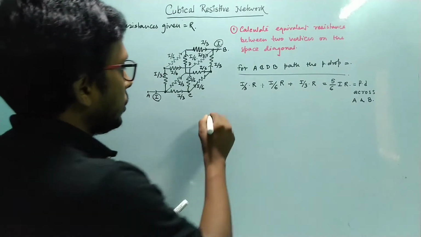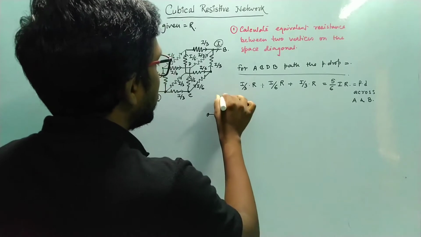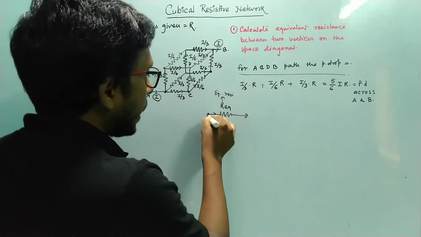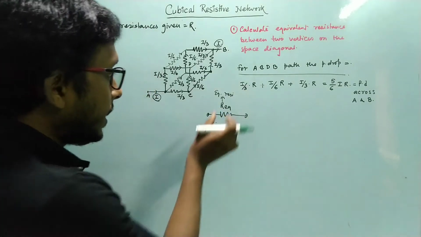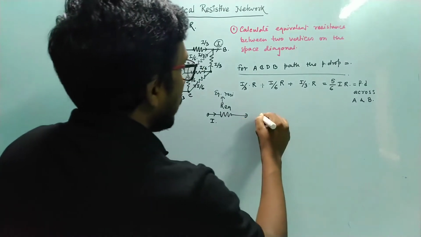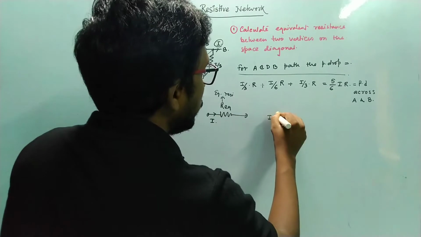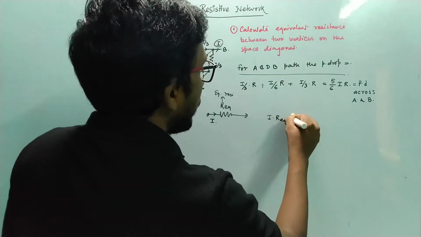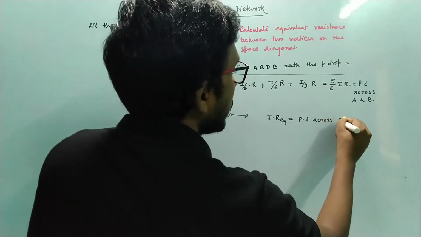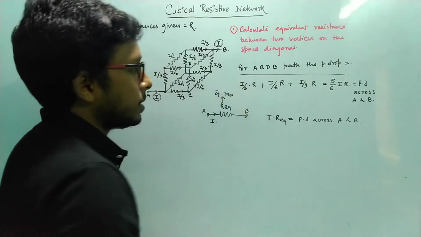So if this is my equivalent resistance, suppose R equivalent, and if I send I amount of current, then the potential drop across this resistance, that is I into R equivalent, must also be equal to potential drop across A and B. I am naming these two as A and B.